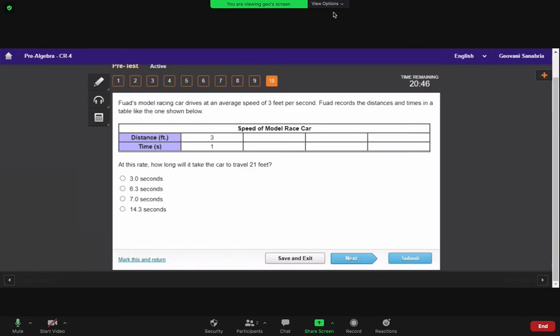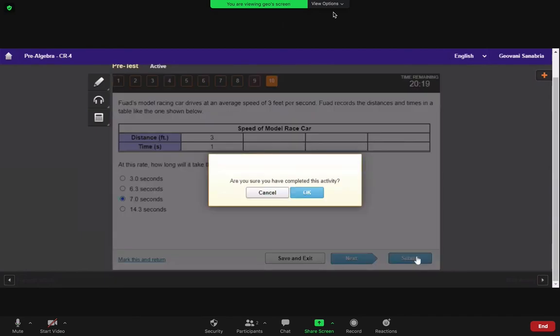I think it would just be 6 because the unit rate is 3 to 1. These are wrong answers, I'm going off that. Yeah, so it'd be the 6 and then you put a 3, and then it would be 9, and you keep going, and then you see which one ends up with 21, and it would be the 7. True. Or you could just do 21 divided by 3 and it's 7, but whichever way you can figure it out, that one works.